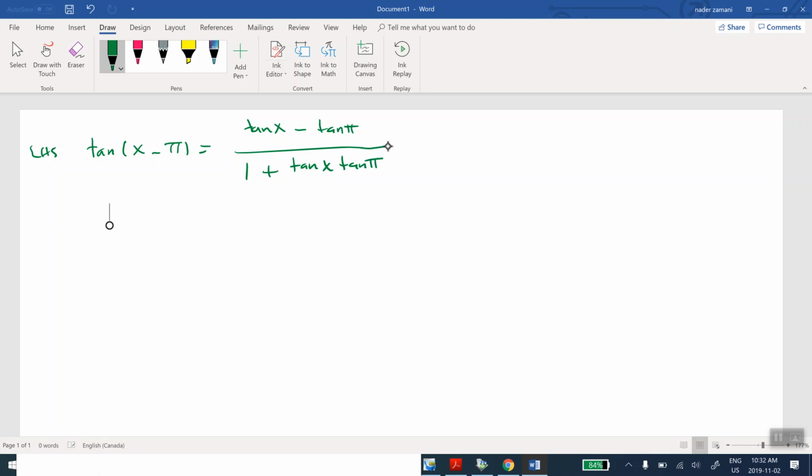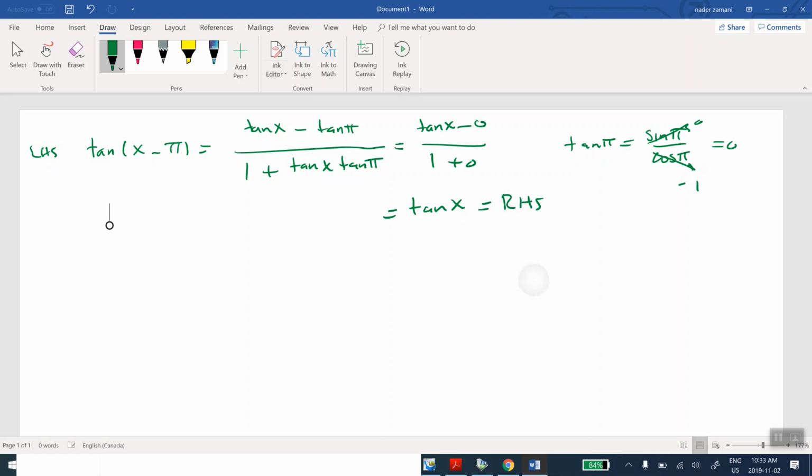Now tangent of pi, if you don't remember, is sine of pi over cosine of pi. This is 0 and this is minus 1, so this is 0. So this is equal to tangent of x minus 0 over 1 plus 0. This is tangent of x, and this is your right-hand side. That takes care of this.